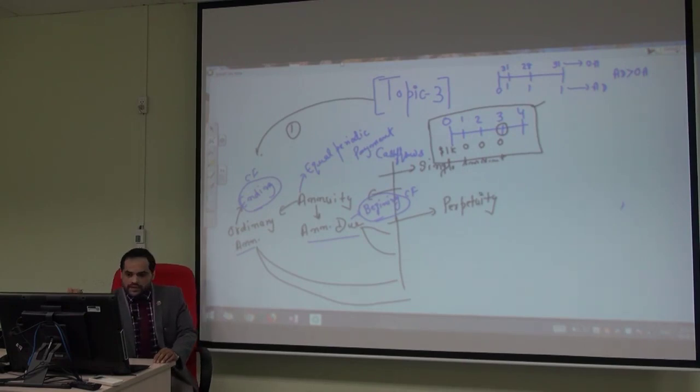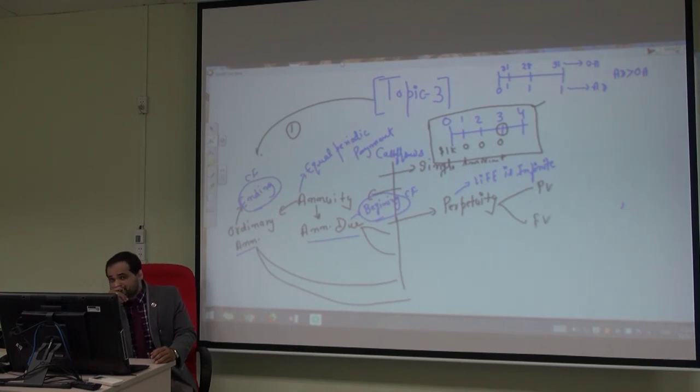Perpetuity means unlimited cash flows. When life is infinity, we call it a perpetuity. So we are going to have, of course, present value and future value.